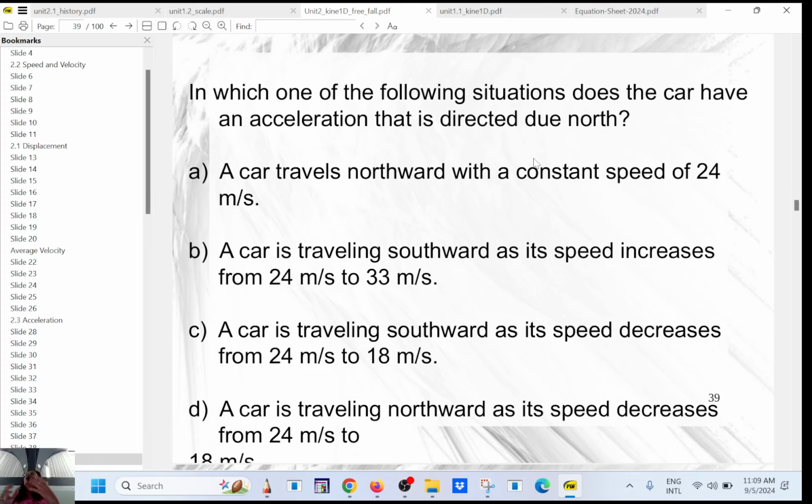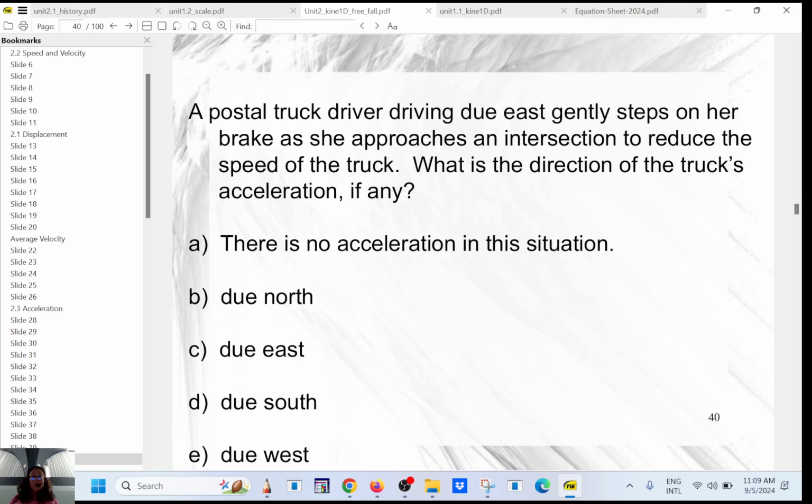Okay, so if something slows down, acceleration and velocity have opposite directions. So east and then slowing down. So the acceleration is what? West.